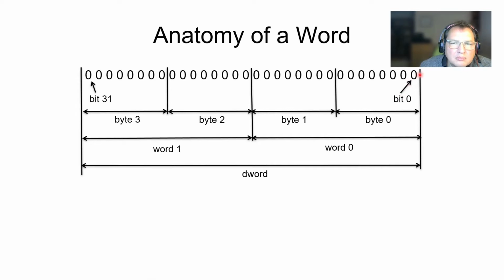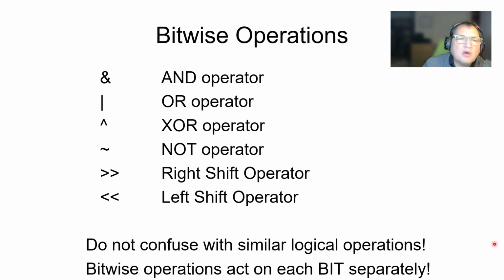0. In C++, we have altogether 6 bitwise logic operators. Do not confuse them with very similar, sometimes Boolean logic operations. Bitwise operations act on each bit separately, and this makes them very different.